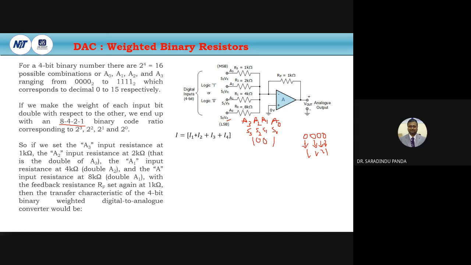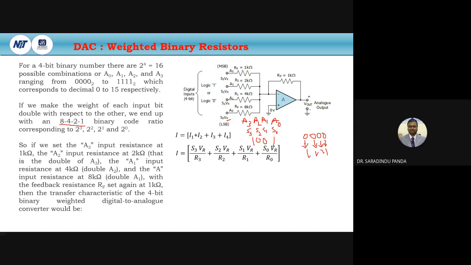Or R0 should be 8 kilo ohm, because this is the current I. So I means S3 VR by R3. So if R3 is less, then we will get a large amount of current. So this is the MSB. So for this reason the current will be large, so for this reason this R should be less. Clear to you?